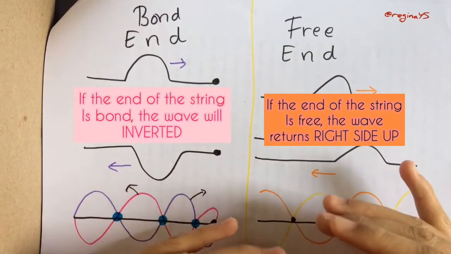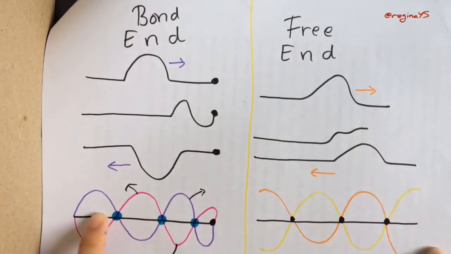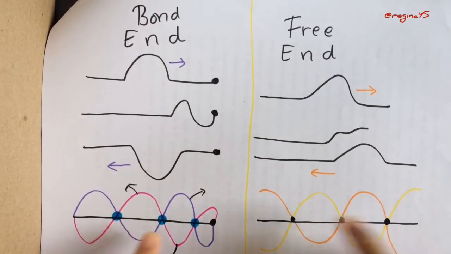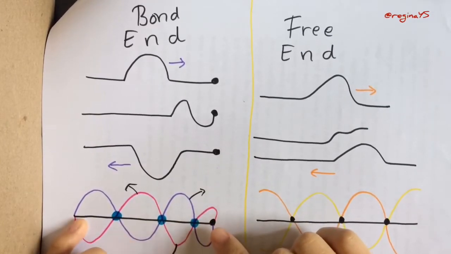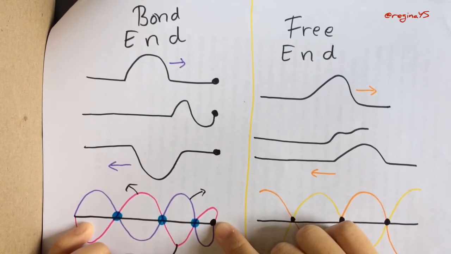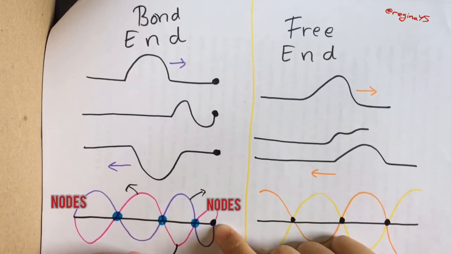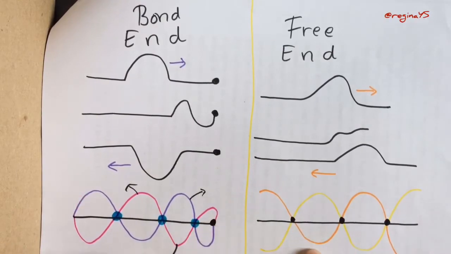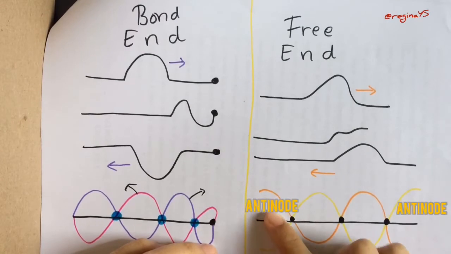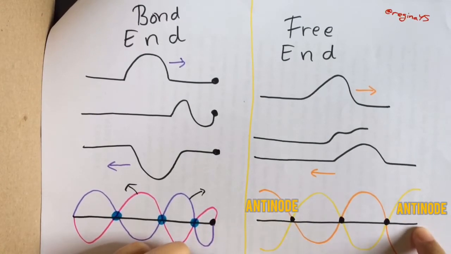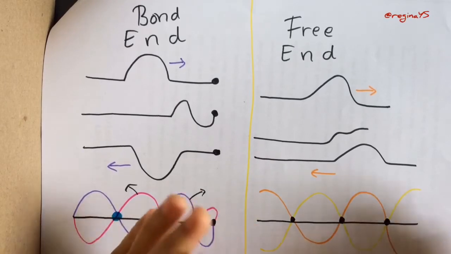If we give it lots of pulses, lots of disturbance, both of these pictures will happen. For bound end, if you're paying attention, at the beginning and at the end of the wave, you will find nodes like this, not moving points. While for free end, you will find an antinode at the beginning and the end of the wave. Okay? So that is the difference.